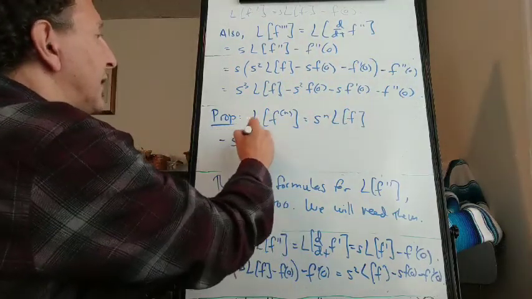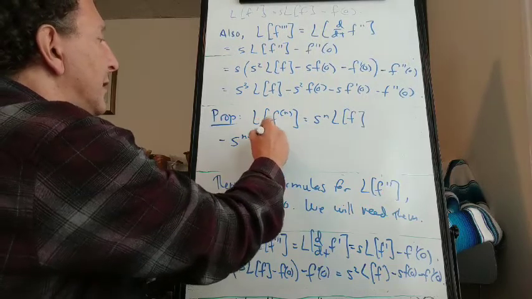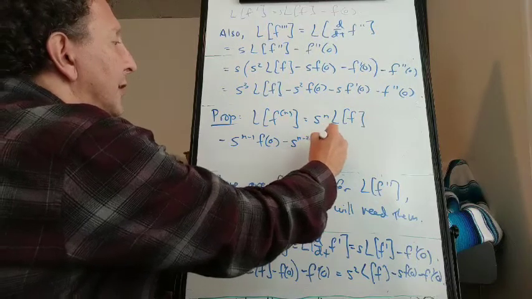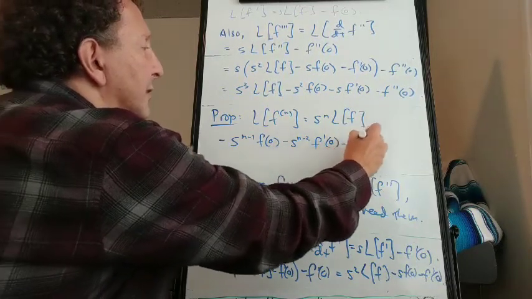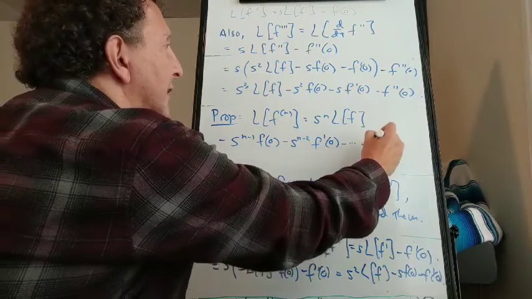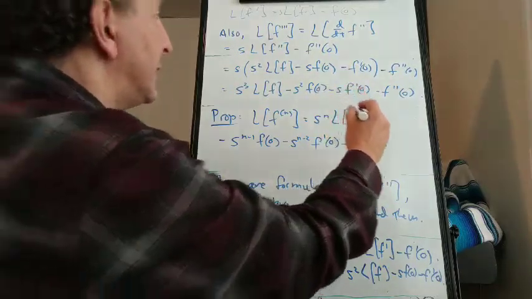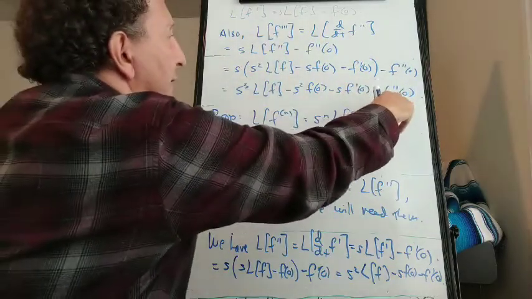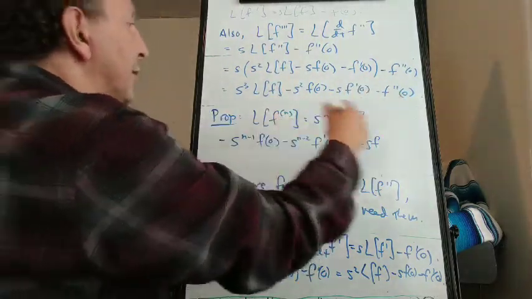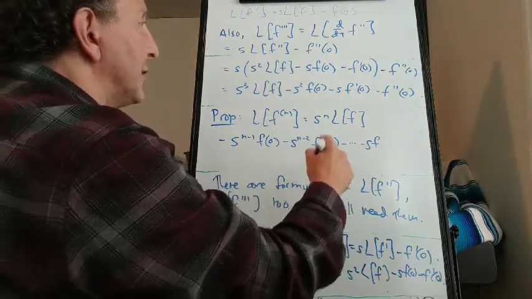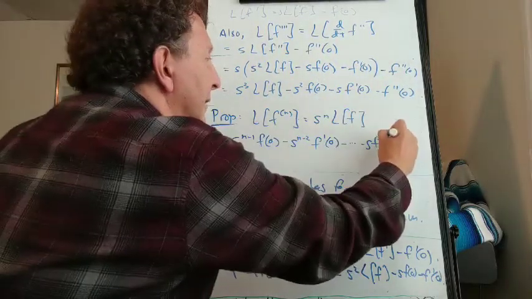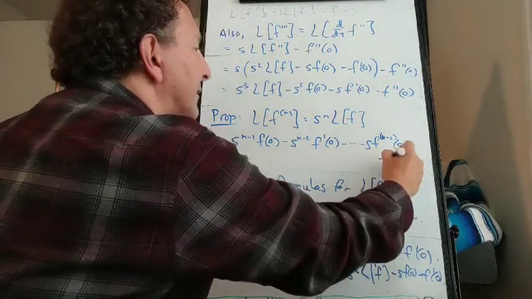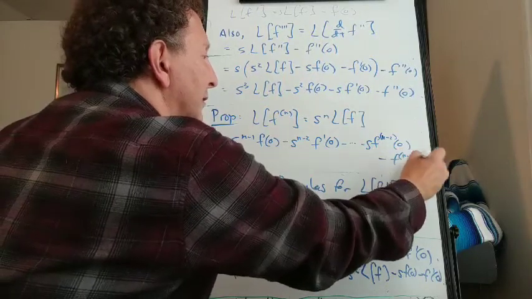So minus s to the n minus 1 f of 0 minus s to the n minus 2 f prime of 0, etc., minus s f, let's see, for the third derivative we go up to the second derivative. So for the nth derivative we go up to the n minus first derivative. s is next to the n minus second derivative, and then minus the n minus first derivative evaluated at 0.